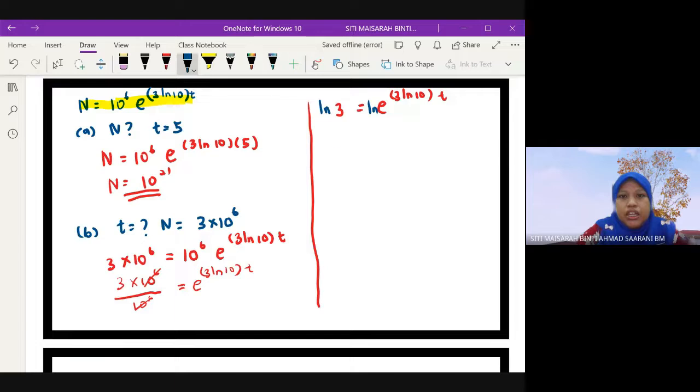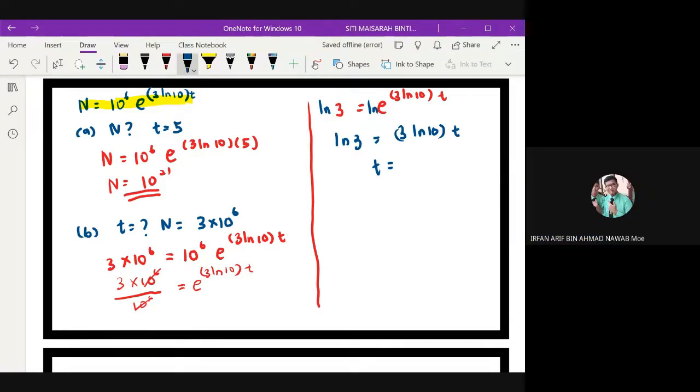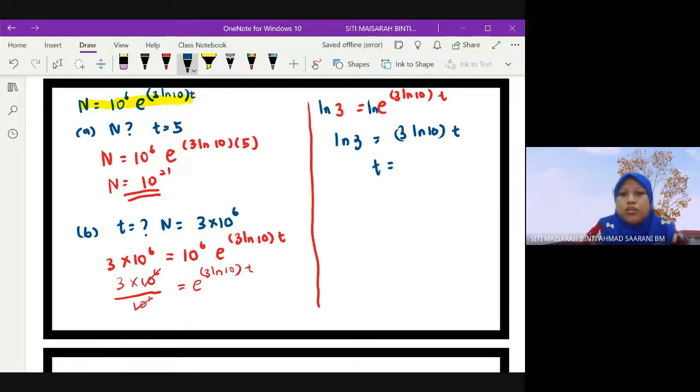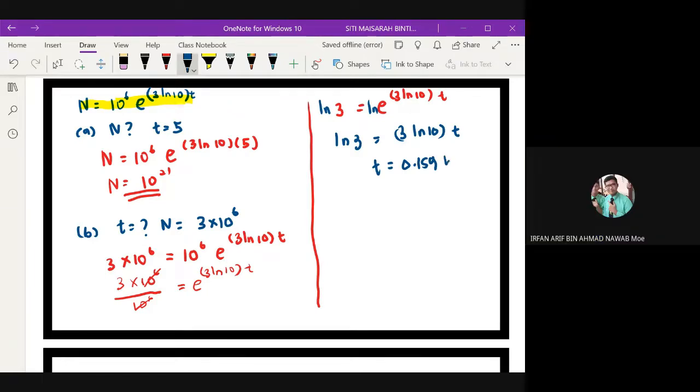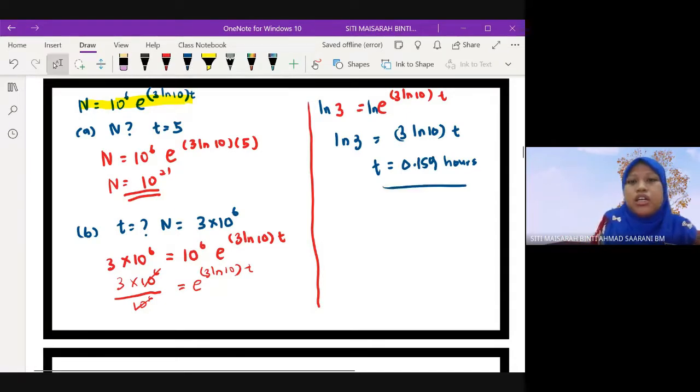So jadi sini ln 3, sini akan jadi 3 ln 10 T. So jadi T sama dengan ln 3 bagi 3 ln 10 dapat 0.159. Ini kita punya time kita adalah jam kan? Hour. So, this is actually hour. Okay, so jadi macam inilah dia punya solve dia.